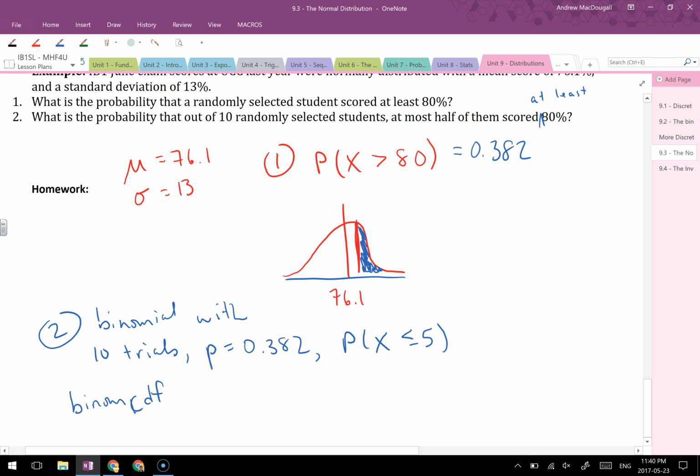So I'm on my calculator now going to put this into binom CDF. Number of trials 10, probability of success 0.382, lower bound 0, upper bound 5. And we get 0.862.